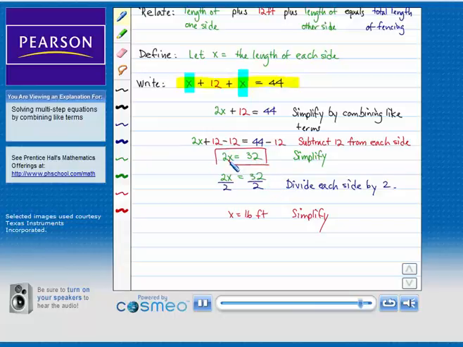I want to know what x is, so I'm going to take the next step and divide each side by 2. 2 goes into 2 one time, that leaves me with 1x, which is what I want, and 2 goes into 32, 16. So when I simplify, x is equal to 16. The length of that rectangular fence is equal to 16 feet.